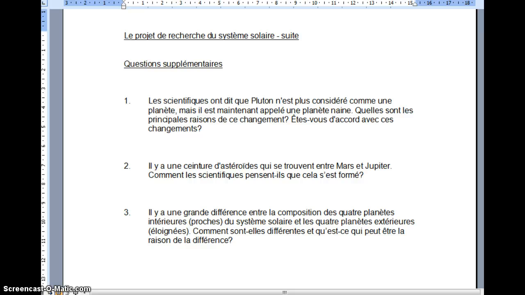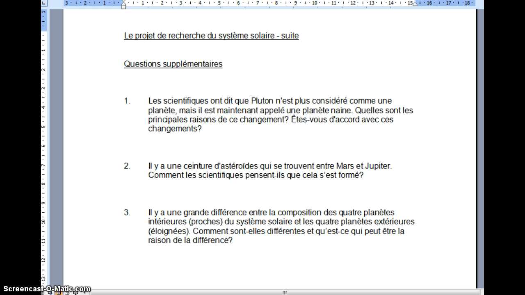Once they've done that, put together the main PowerPoint and presented it, they're going to go back to the groups again and answer some more questions. The first question is: scientists have said that Pluto is not considered a planet anymore, but is considered instead to be a dwarf planet. What are the reasons for this change, and do you agree with these changes?